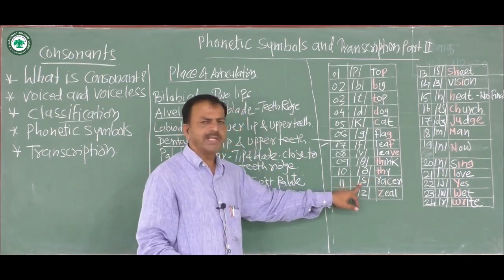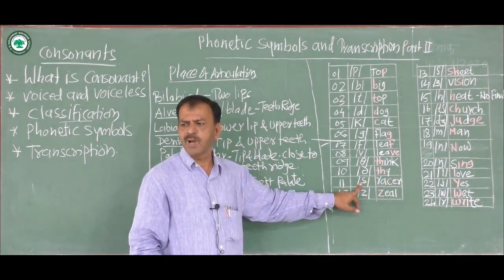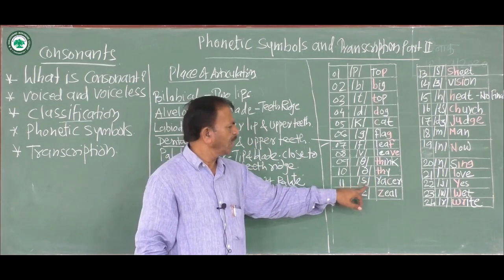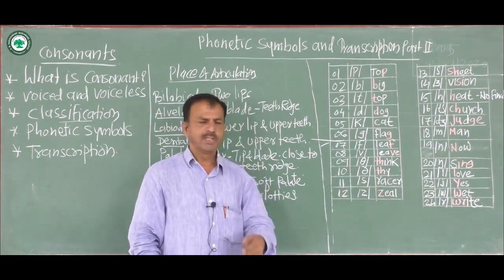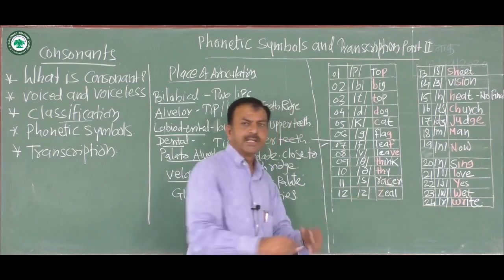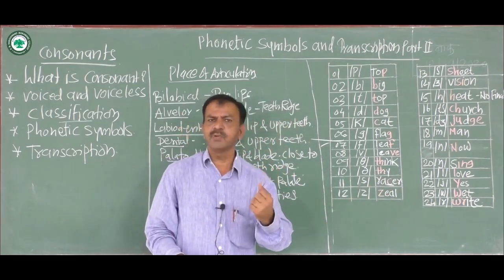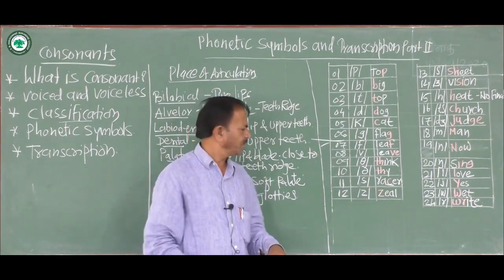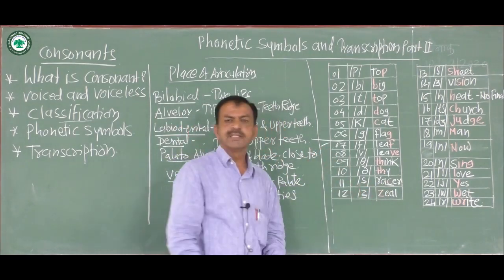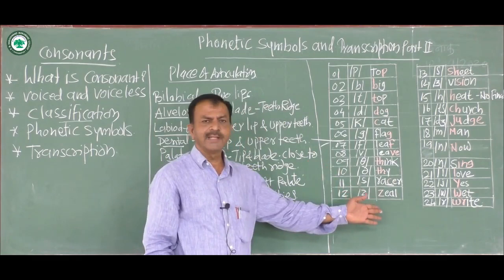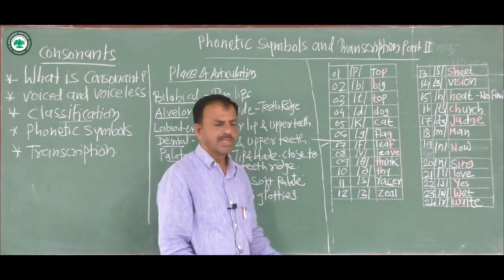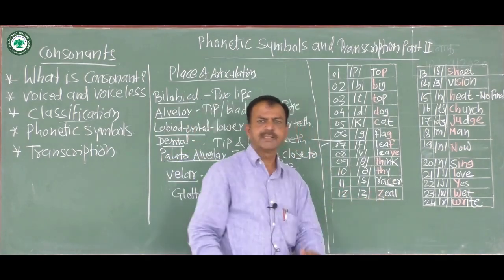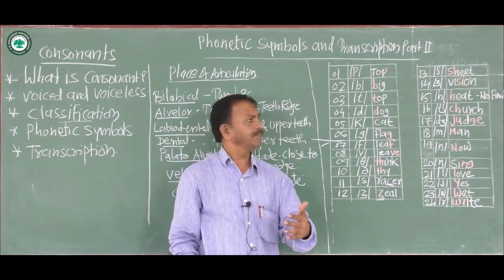The next sound is this. This is the symbol of S, as in racer. Here the letter C indicates the sound S. It takes the middle position. The next sound is Z, as in Jeel. Z takes the initial position.